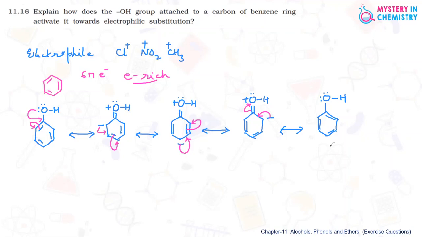And this is the last one, and here we can see that the OH group is actually giving electrons, and by that it is increasing electron density at the benzene ring, and particularly at the ortho and para positions, negative charge appears.